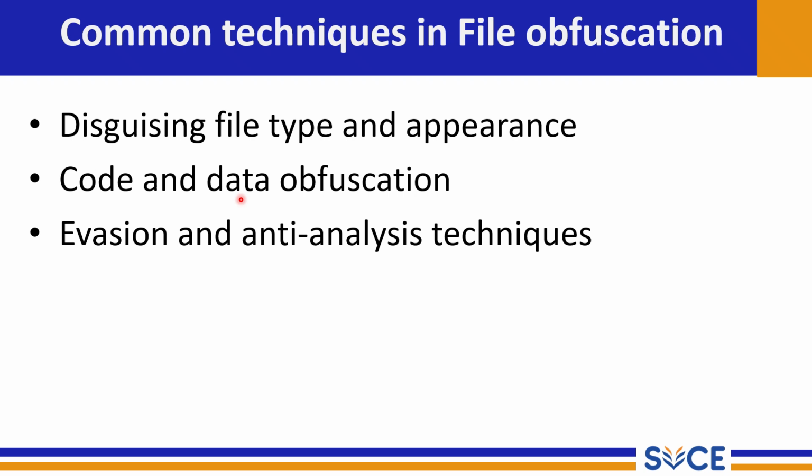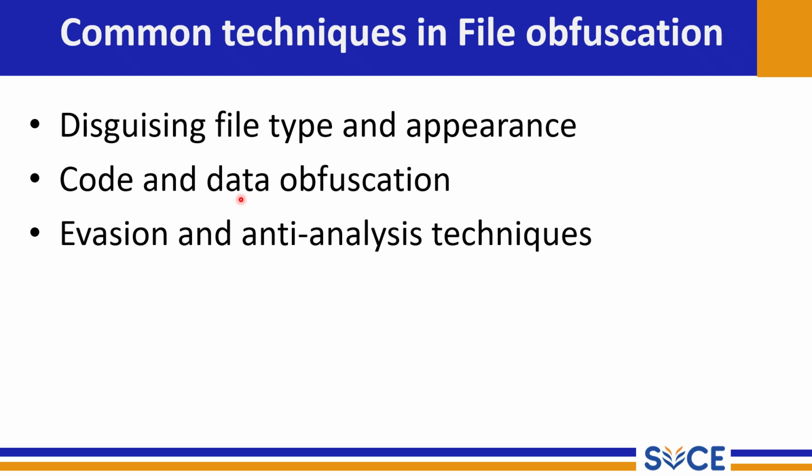And next, data obfuscation. Sensitive data within a file, such as cryptographic keys or configuration information, is hidden from static analysis. This is achieved using techniques like data masking, encryption, or tokenization, and it is also commonly used by some legitimate developers to protect intellectual property.